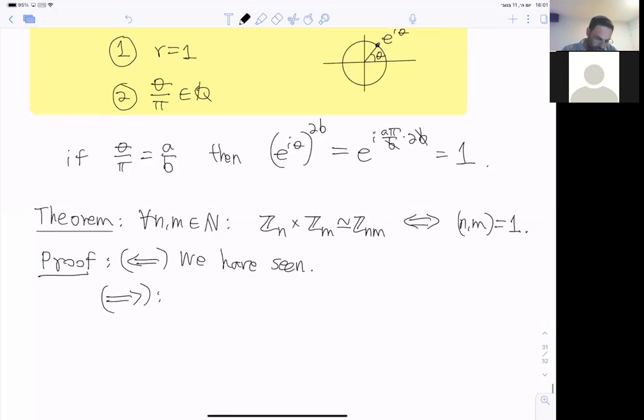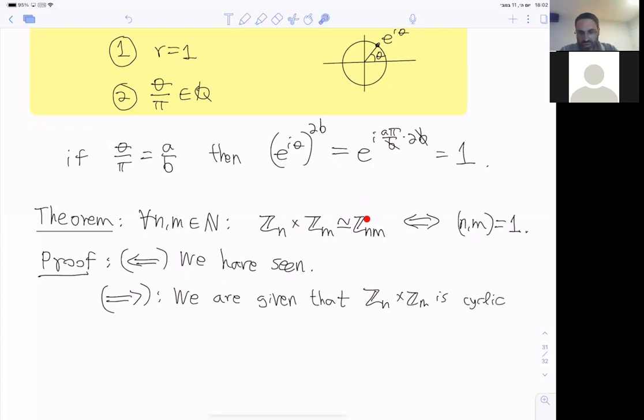Okay, so let us write it. We are given that Zn times Zm is cyclic. Why is it cyclic? Because it is isomorphic to a cyclic group, and any group that is isomorphic to a cyclic group is cyclic.